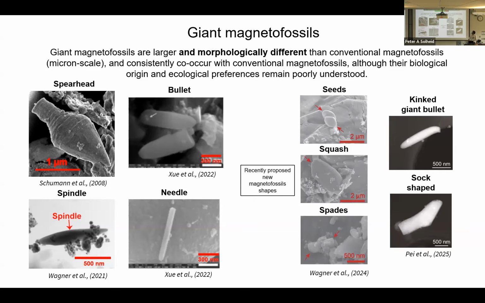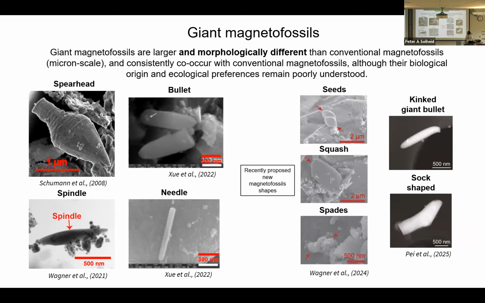Since their discovery, the first report is in Schumann et al. 2008, where they reported different shapes of the giant magnetofossils. Initially, four shapes were reported.